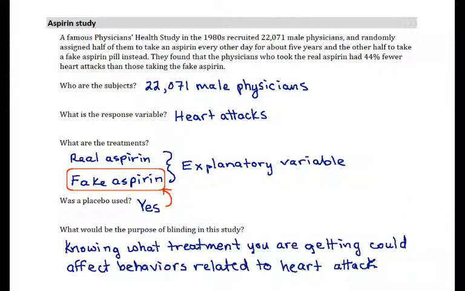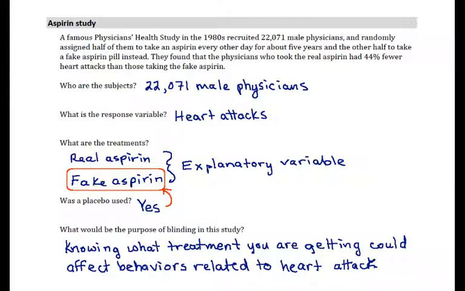In particular, we would be concerned about any behaviors related to the chance of a heart attack. For example, if you know that you're taking the aspirin each day, each time you take that pill, you think of it working its effect. Maybe that's going to make you more likely to indulge in good behaviors because you feel that you're doing something good for yourself.